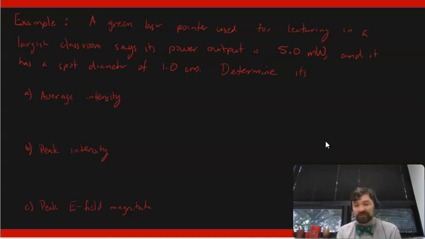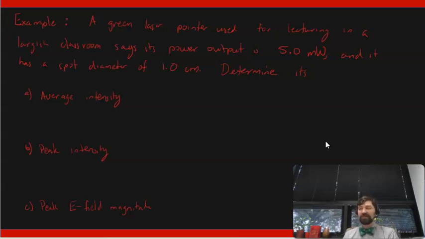Okay, and then you have a spot diameter of 1 centimeter. Usually it's roughly a circular spot. And so we want to know what's the average intensity, what's the peak intensity, and what's the peak E field magnitude. Peak intensity means the maximum value in time, and peak E field means the maximum E field in time.